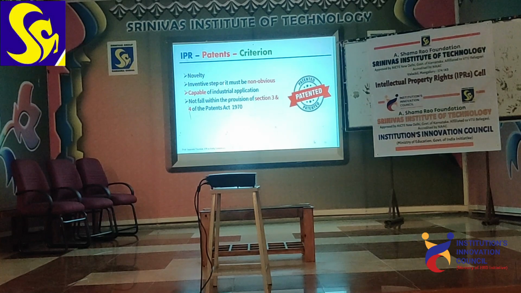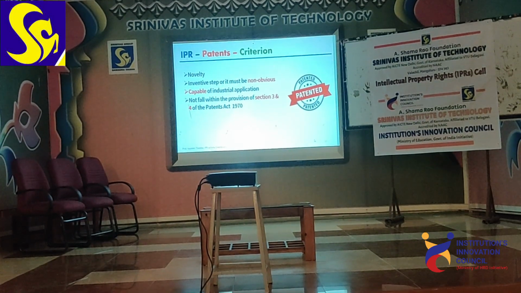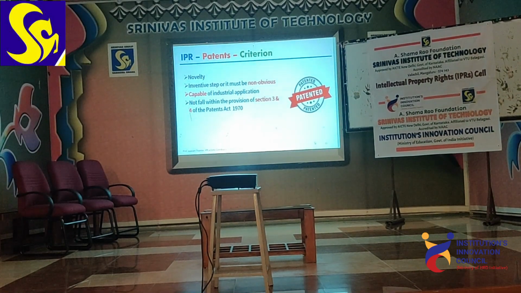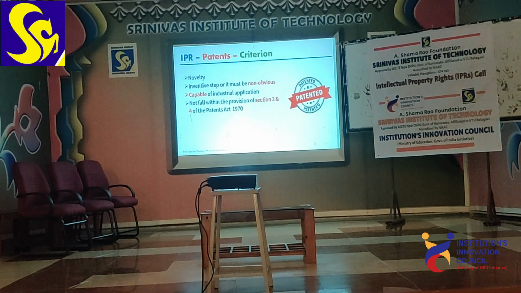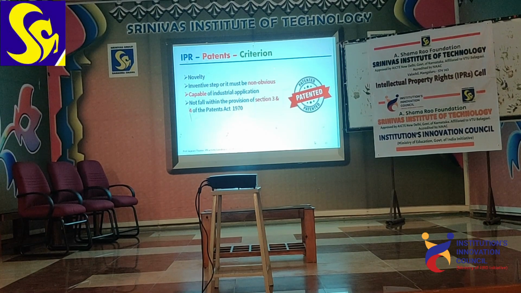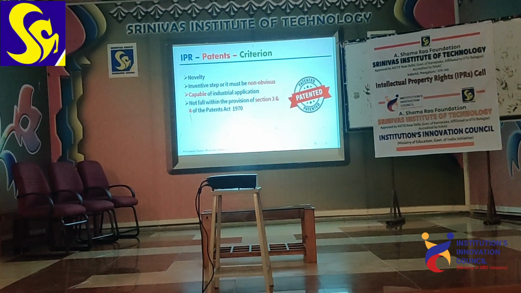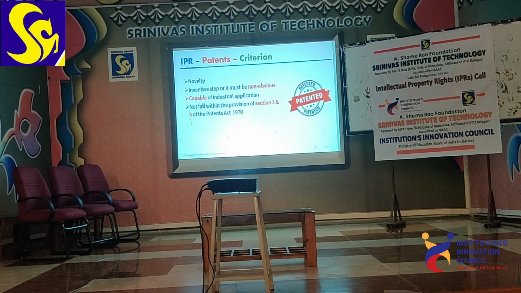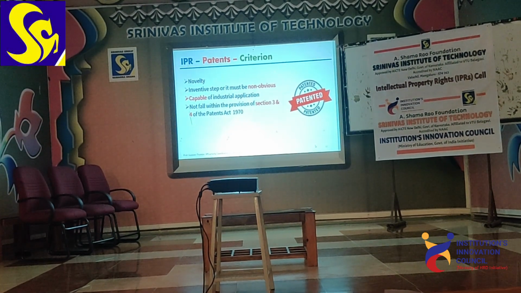Next, inventive step, or it must be non-obvious. You cannot claim a patent for something very obvious. Every day you see that people are using it, and we cannot claim that it is my invention. And it should be capable of industrial application.